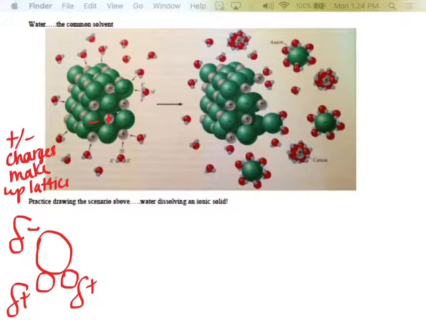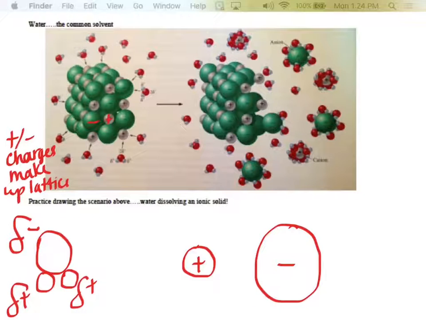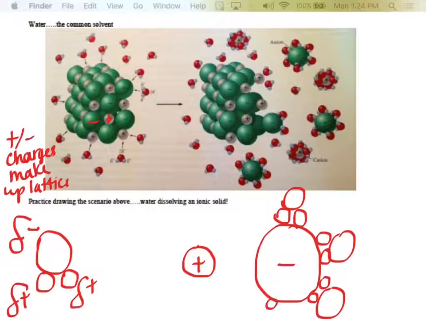Okay, so here water comes and wiggles its way in. We have our cation and our anion. What part of water is going to be attracted to the anion, the negative? The hydrogen or the oxygen? Hydrogen. The AP will ask you to draw this interaction and to draw it correctly.